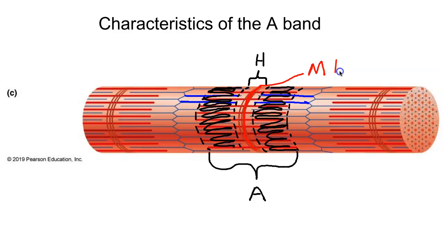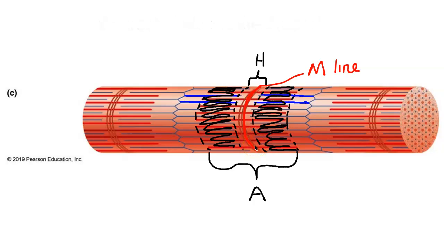The M line is just the line of protein that's anchoring the thick filaments in place. So in summary, in the A band we can sometimes see a lighter region called the H zone right in the center of the A band, and right in the center of the A band and the H zone is the M line, which is the protein that anchors the thick filaments in place.